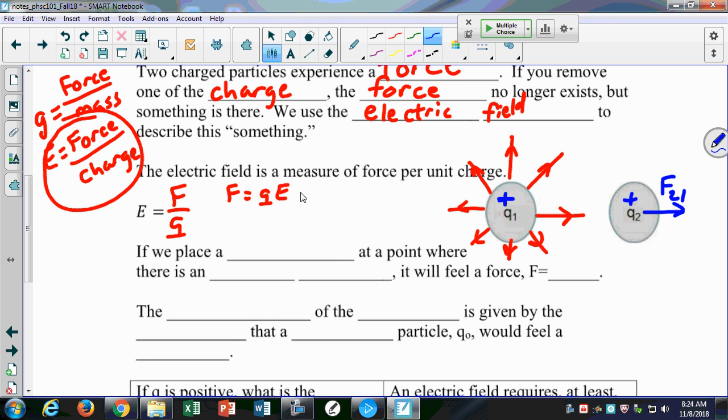If we place a charge at a point where there's an electric field, I'm going to call it E field from here on, it will feel a force, and that force is equal to Q times whatever the electric field is. So here, F21 is equal to Q2 times the electric field due to particle 1.